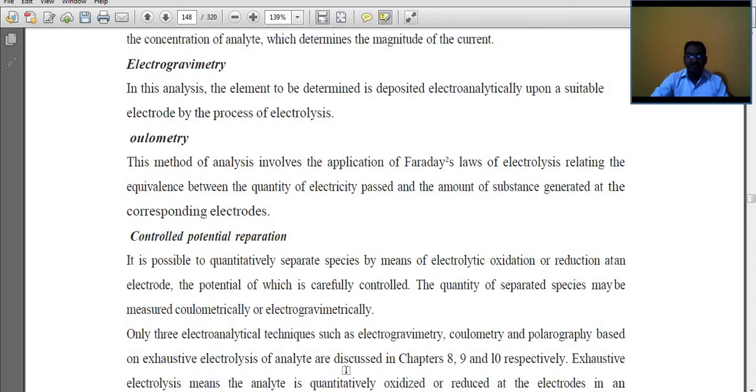In coulometry, the method of analysis involves the application of Faraday's law of electrolysis, relating the equivalence between the quantity of electricity passed and the amount of substance generated at the corresponding electrodes.